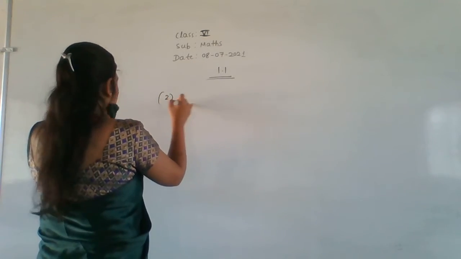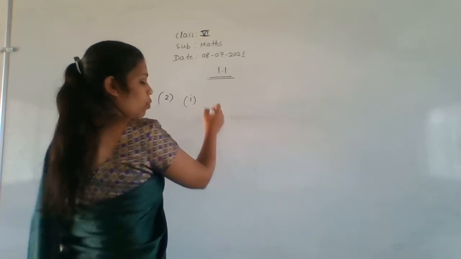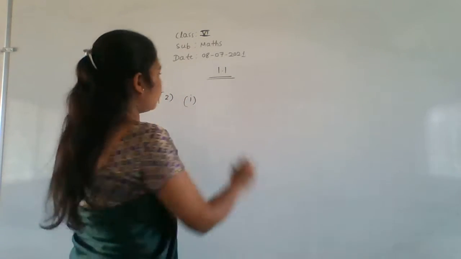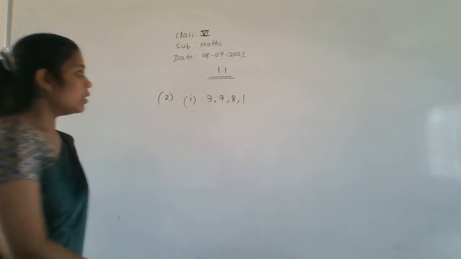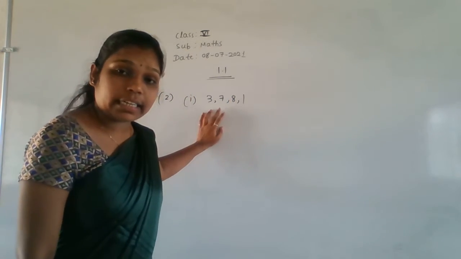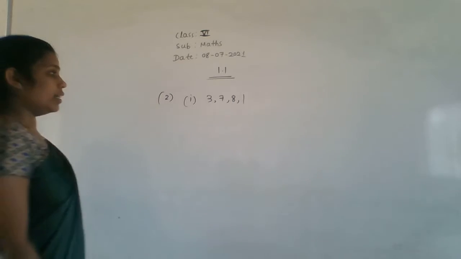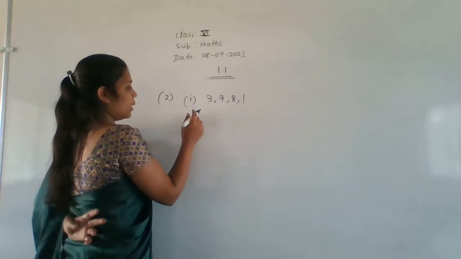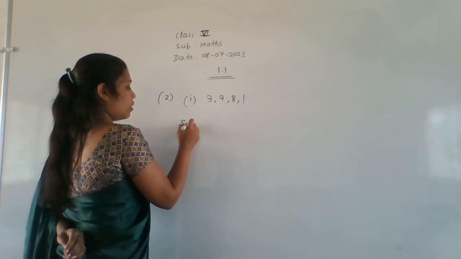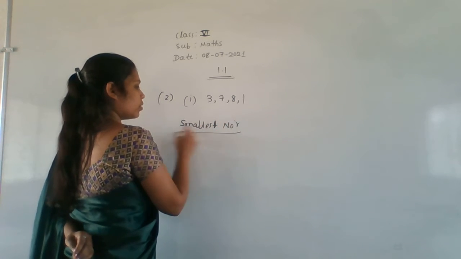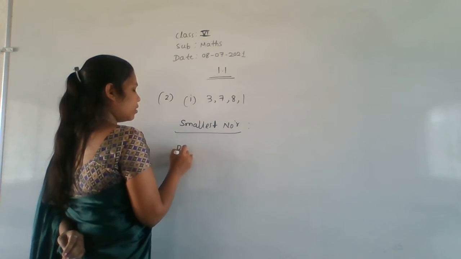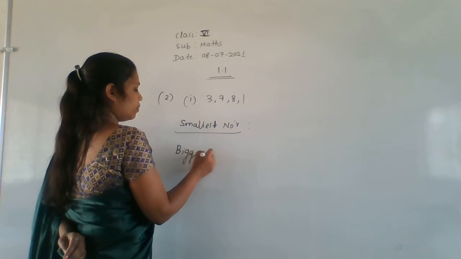Second main, first one. What are the digits they gave here? 3, 7, 8, 1. Okay, in that, see here. First will be the smallest number, and next one is the biggest number.